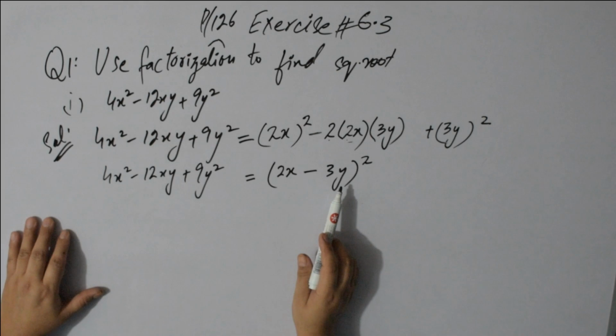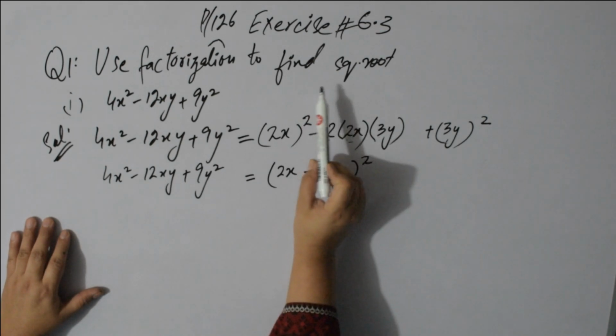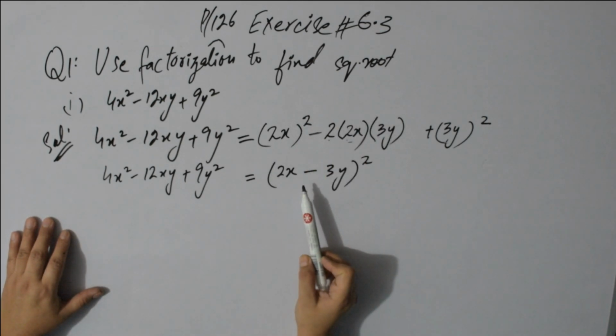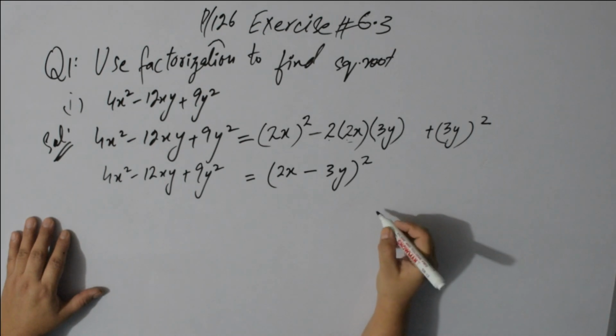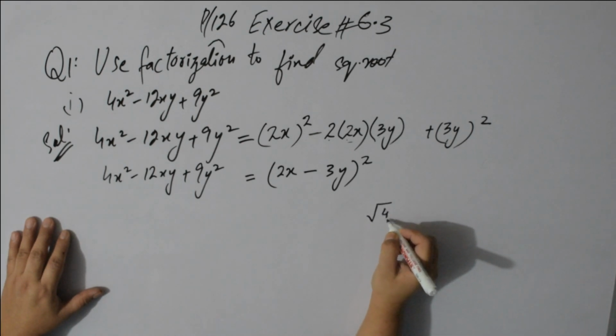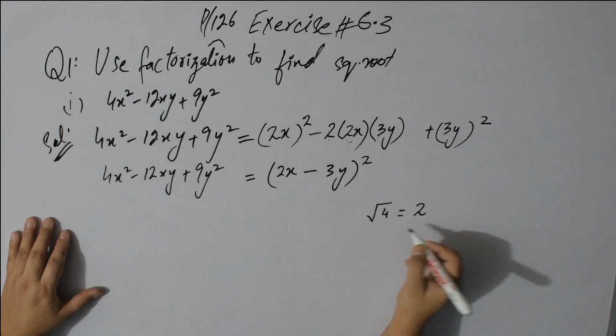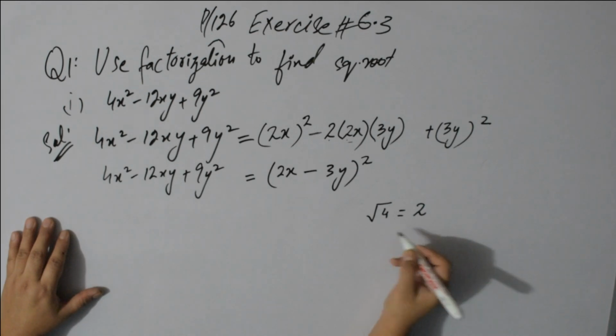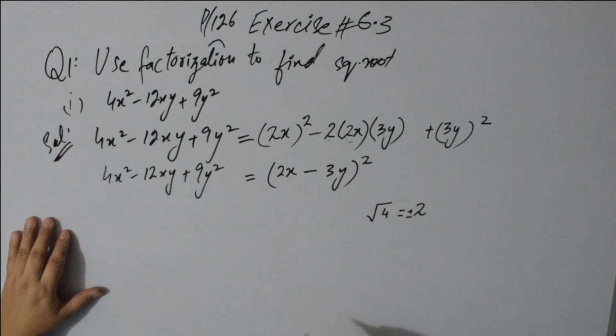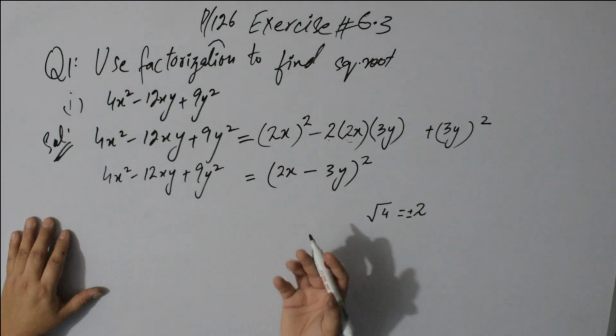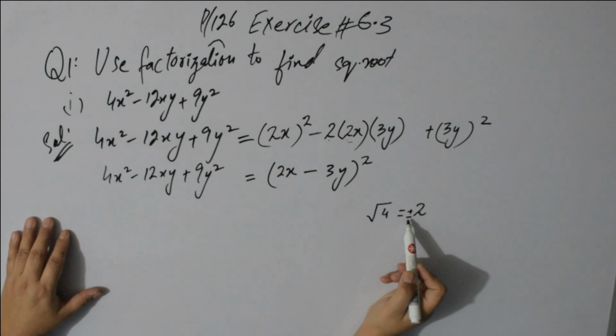Students, the next step is to find the square root. As you know, square root of 4 is equal to 2, and plus minus 2. When you take square root of any number, you write plus minus sign with that number after finding its square root. What is the reason?